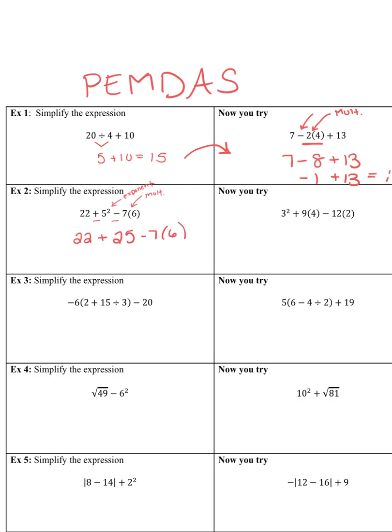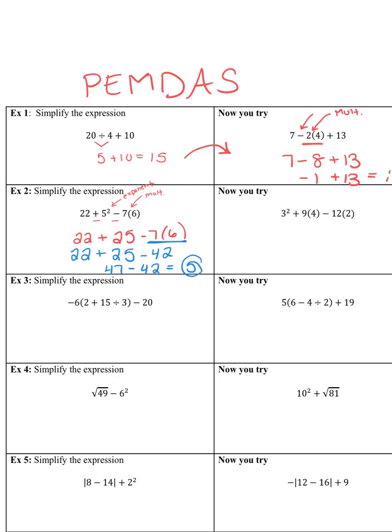The next thing I'm going to do is this multiplication here. And so, again, carrying down what I have left, I know 7 times 6 is 42. Then I've got 22 plus 25. I'm going to do my addition and subtraction from left to right. This is going to give me 47 minus 42, and that leaves me with 5.